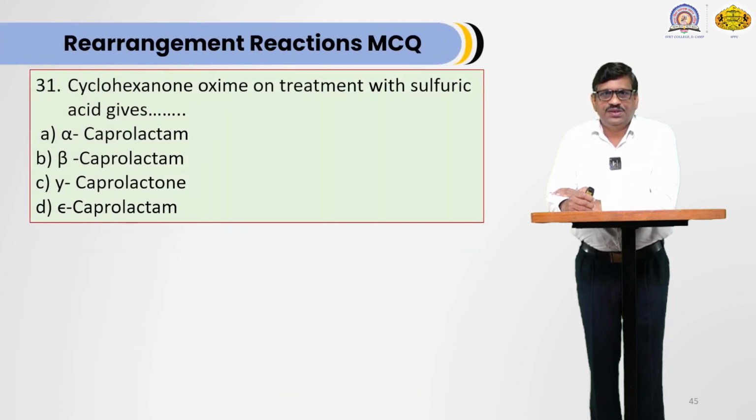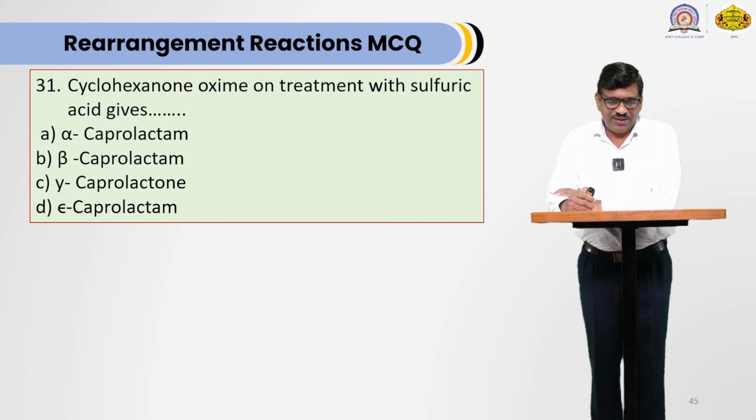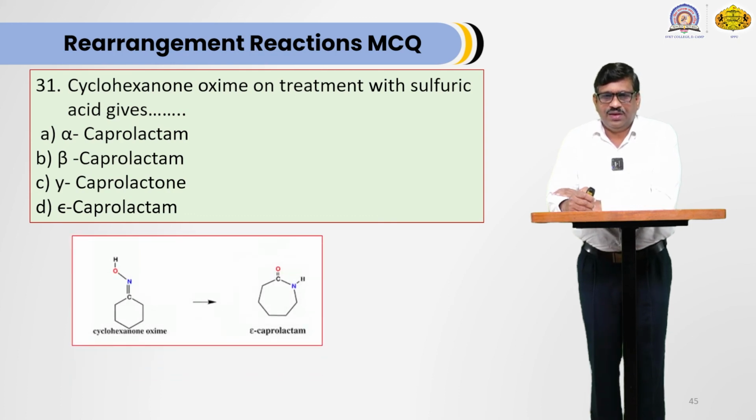Now 31. Cyclohexanone oxime on treatment with sulfuric acid gives alpha caprolactam, beta caprolactam, gamma caprolactam or epsilon caprolactam. In this case, the last option is the correct option. Thank you.